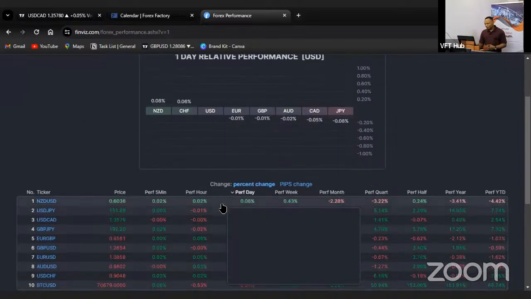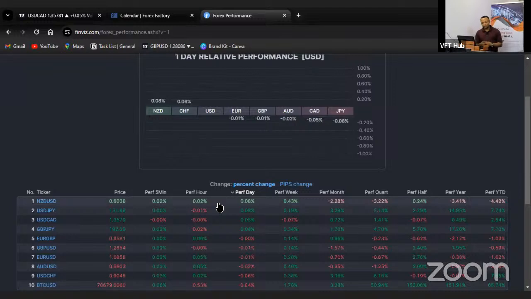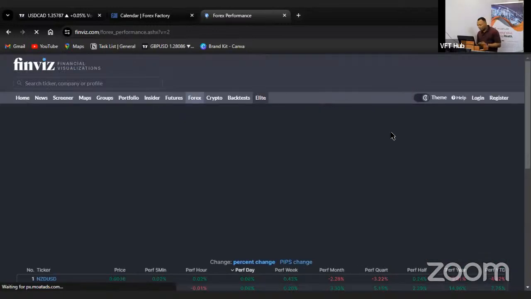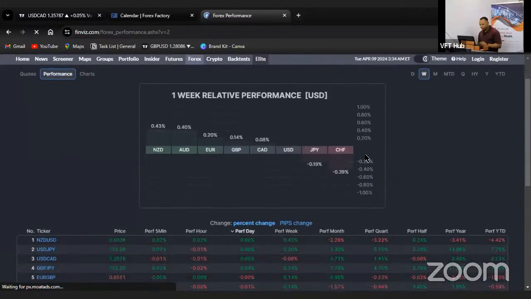This is Finviz, and it's not showing us any clarity in relative performance for the day. And when we switch over to the weekly time frame, we're seeing that there is no clear theme for the commodity pairs yet.